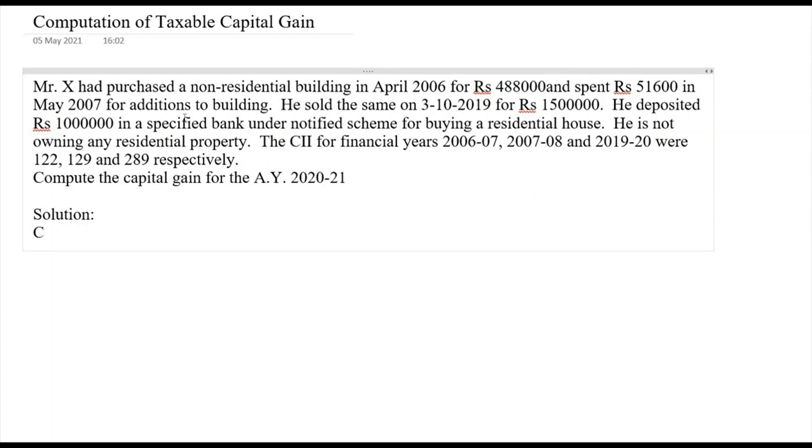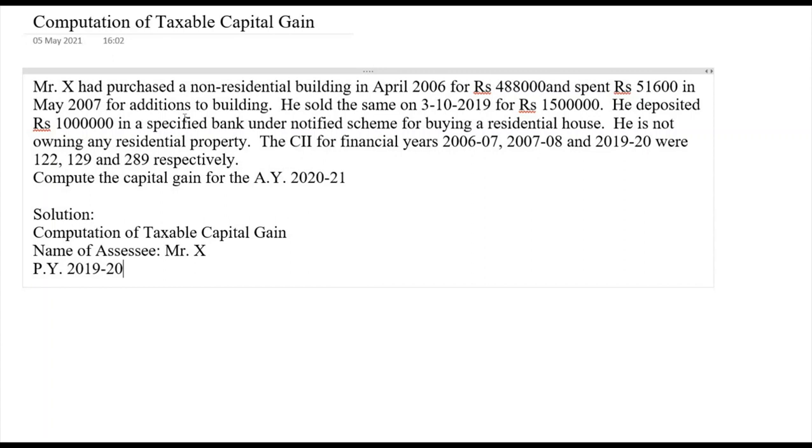Now let us work out. Computation of taxable capital gain. Name of assessee: Mr. X, previous year 2019-20, assessment year 2021.